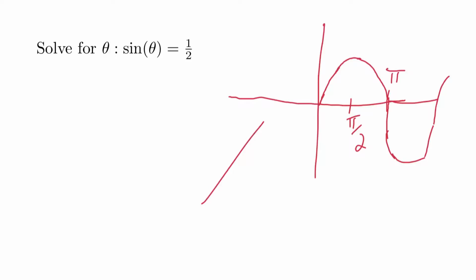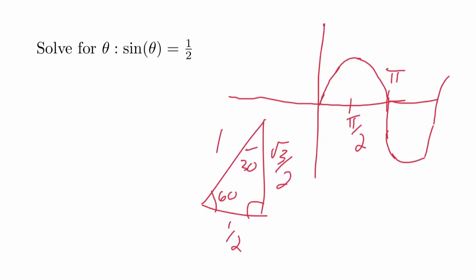You can also draw our favorite 30, 60, 90 triangle. So in this case, we know that what kind of angle will give us 1/2?